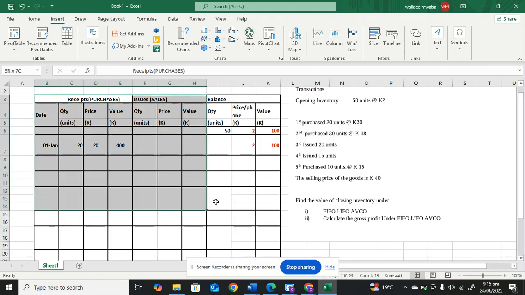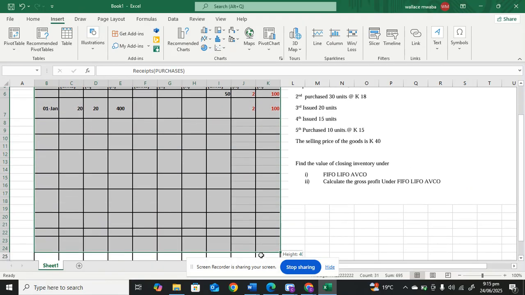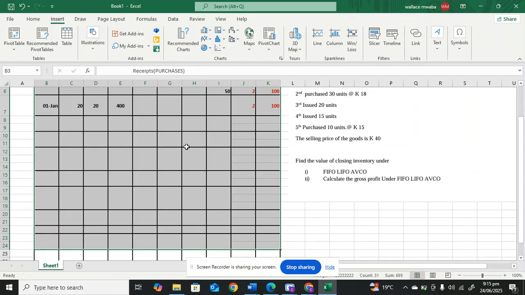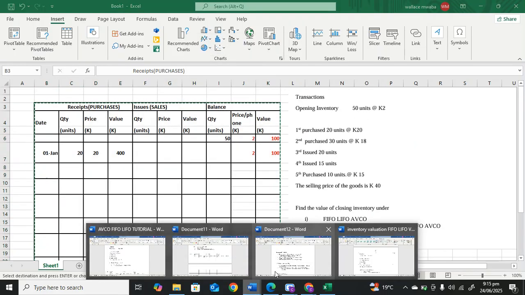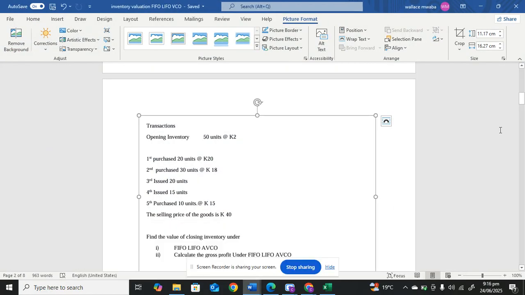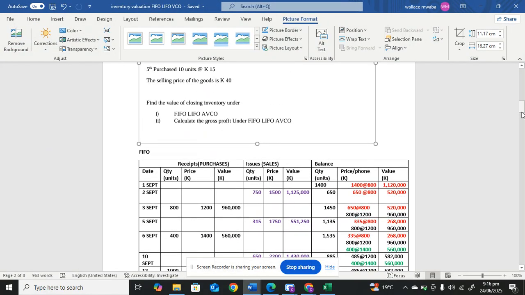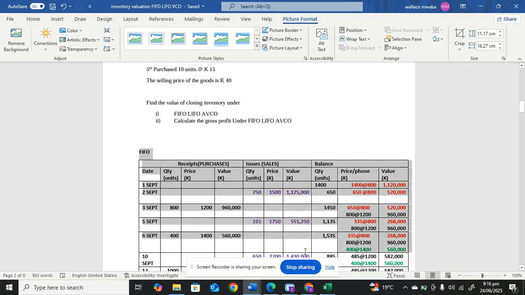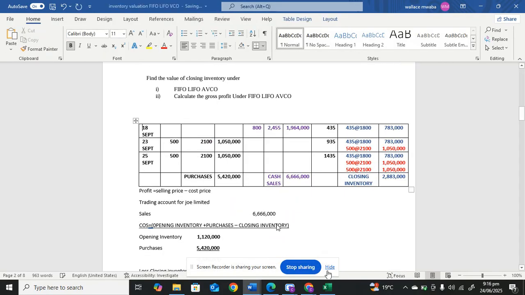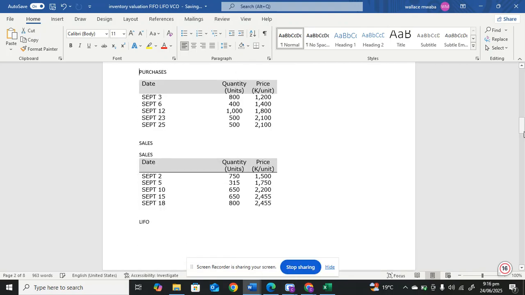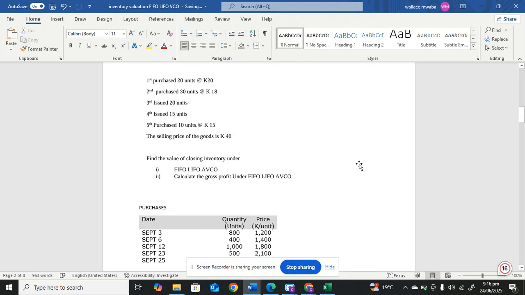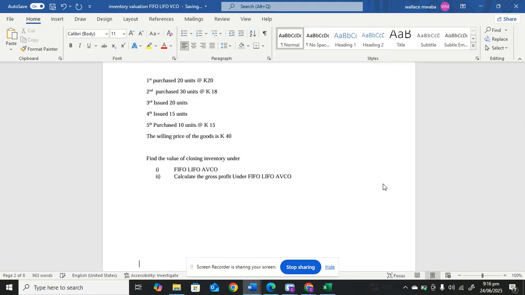I'll use Word. Excel won't help me put these properly in different batches. Let me put it like this here.